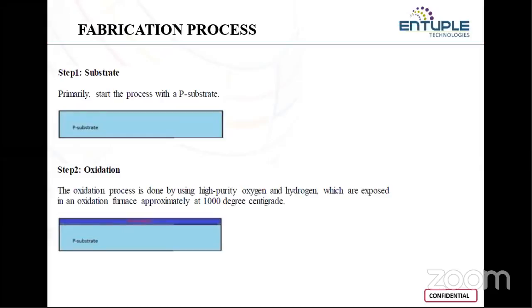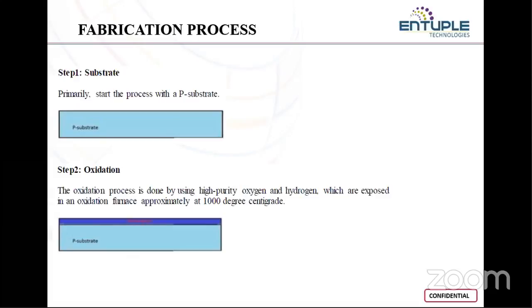Then we get an oxide layer over it. This oxide process is done using highly pure oxygen and hydrogen, exposed to the furnace at a temperature of approximately 1000 degrees centigrade.